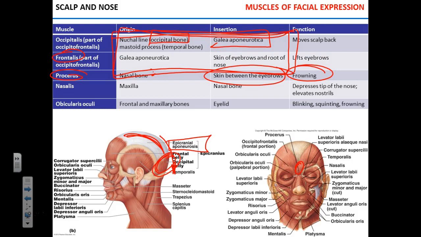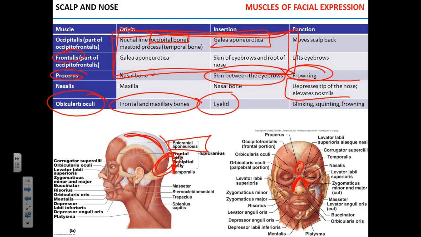Nasalis brings the tip of your nose down. The muscle covers the bridge of the nose. Right here you can see part of nasalis, so that's procerus, and that's nasalis. Orbicularis oculi originates in the frontal and maxillary bones and inserts into the eyelid.